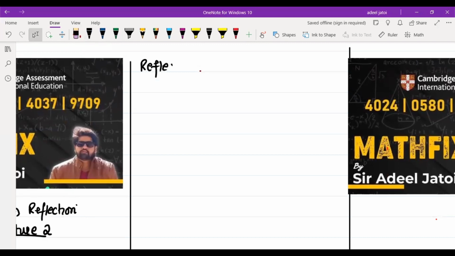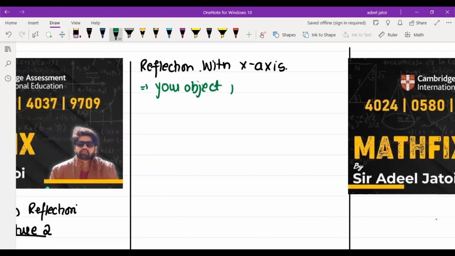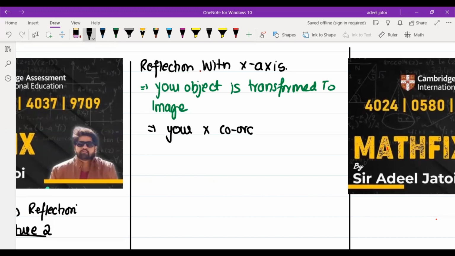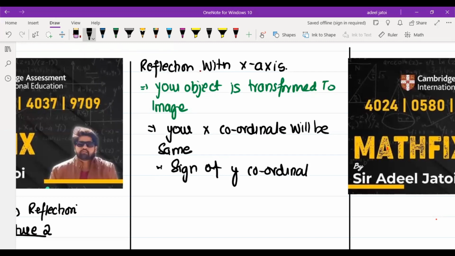When we do reflection with x-axis, there's one thing that we need to understand: when we are reflecting through the x-axis, your object is transformed to image such that your x coordinate will be same, but the sign of y coordinate will change.